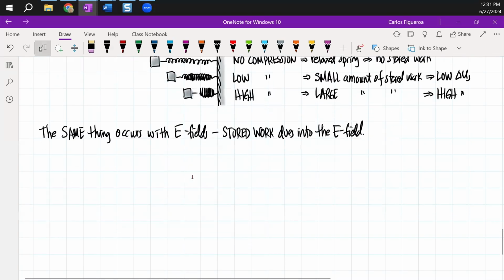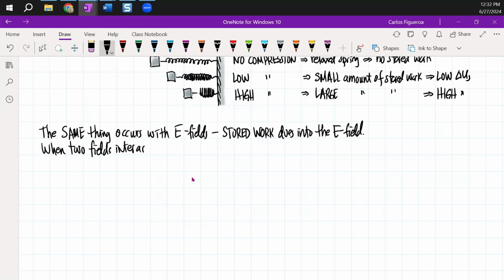So when two fields interact, the E field lines are distorted. They get slash compressed. You'll see what I mean here.